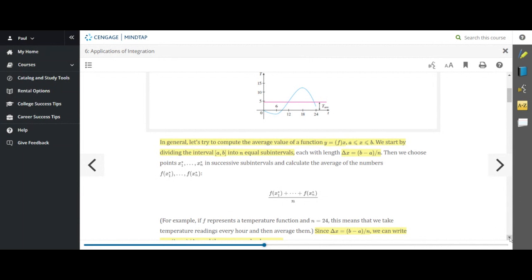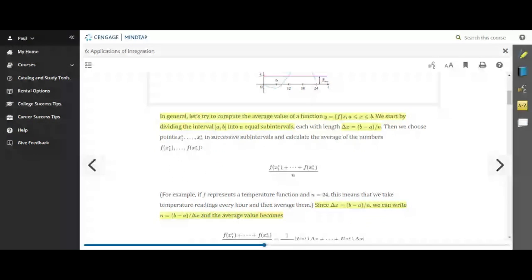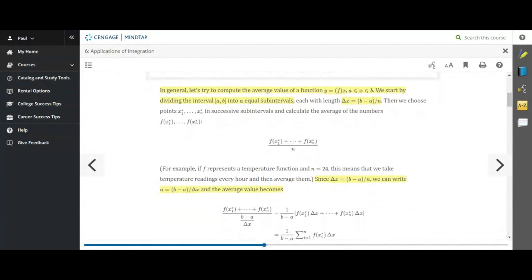So if we have these function values and we wanted to find the average, we would just take the average. But if we take more and more samples of the temperature, let's think about what the subintervals are.